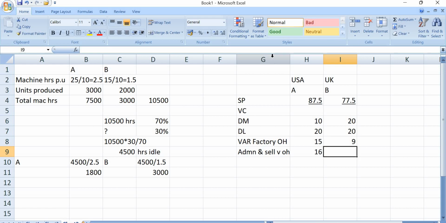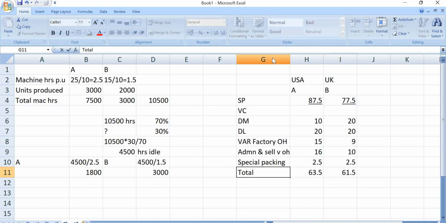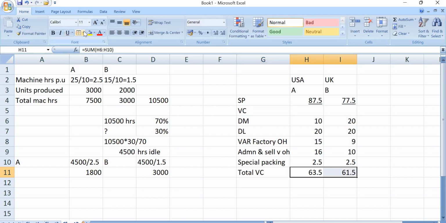Here it is 25 into 40%, that is 10. One more variable cost we have is special packing charges, that is 2.5 for both the orders. So my total variable cost is 63.5 and 61.5. Hope till now everything is clear.